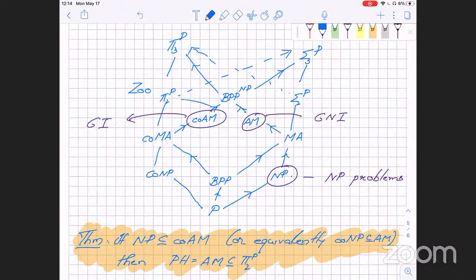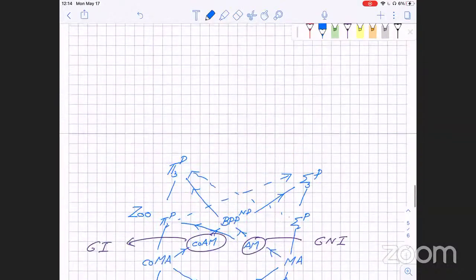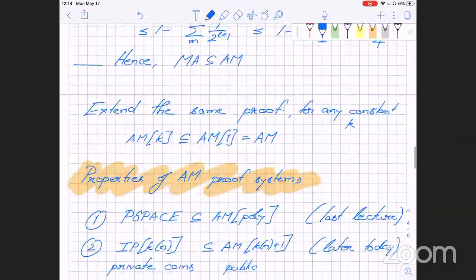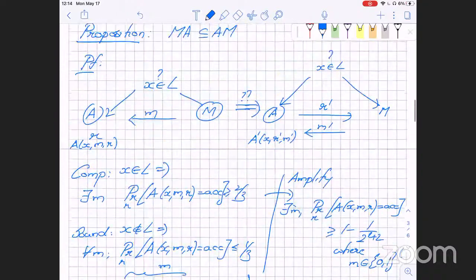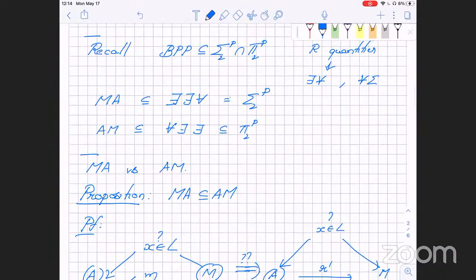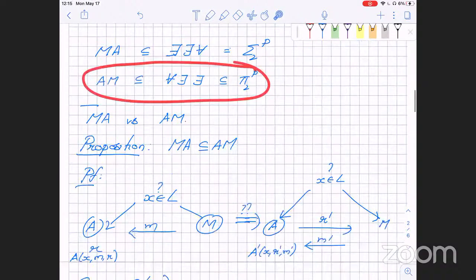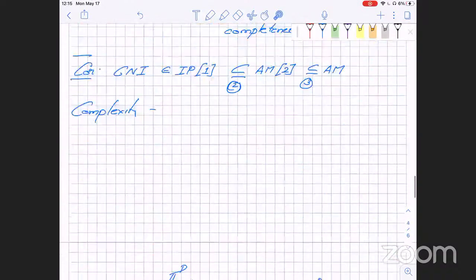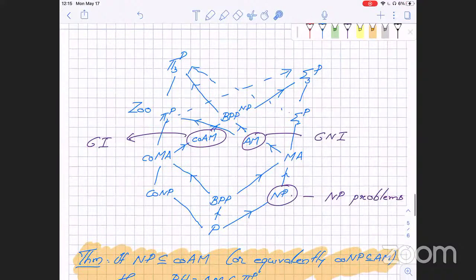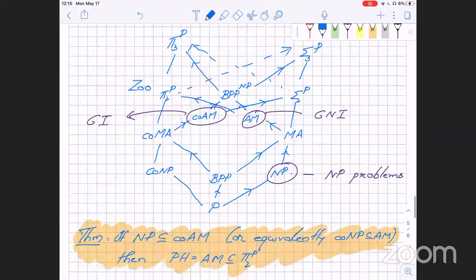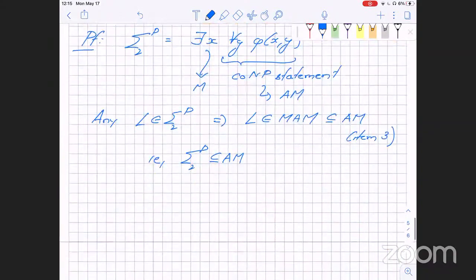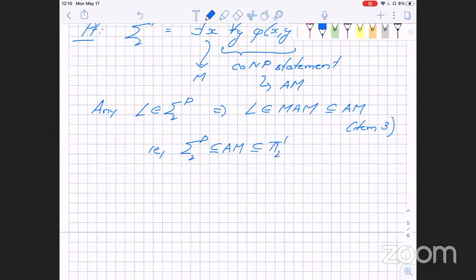This we saw right before. So AM is in pi 2p and co-AM. This picture is horrible to draw, but then this is contained in pi 2p and the hierarchy collapses.